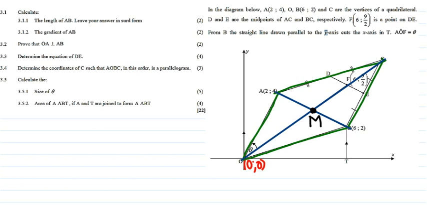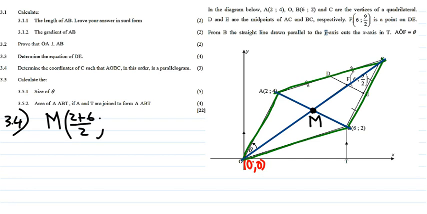Now, I don't have enough information to find the midpoint of OC, but I have enough information to find the midpoint of AB. So we can find the coordinates of M by saying 2 plus 6 over 2.